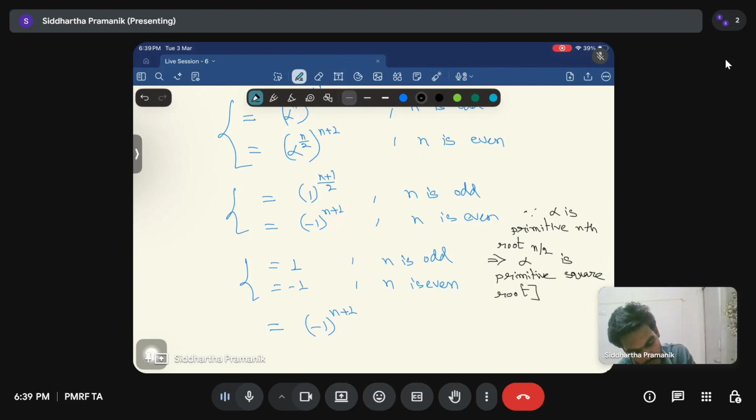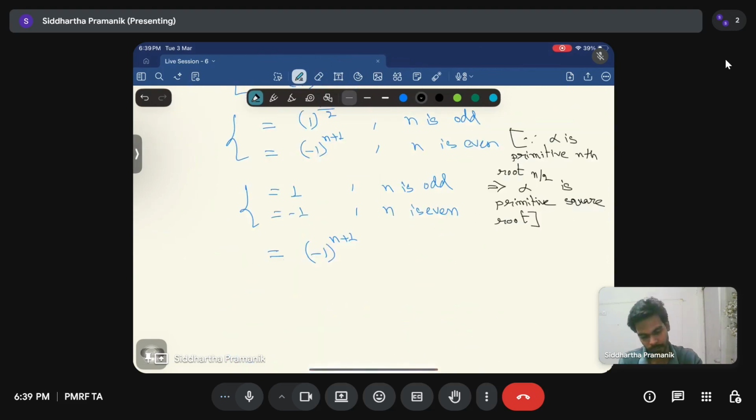This will follow just from the definition. So you just have to convince yourself using the definition. So in this way we easily got the answer.